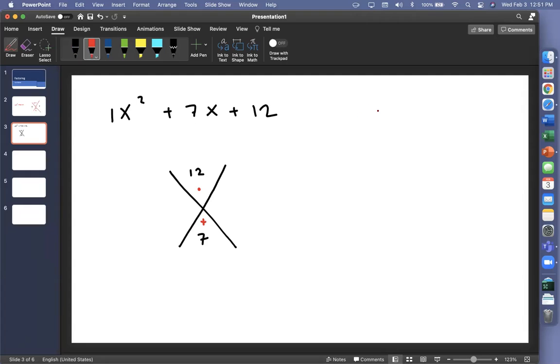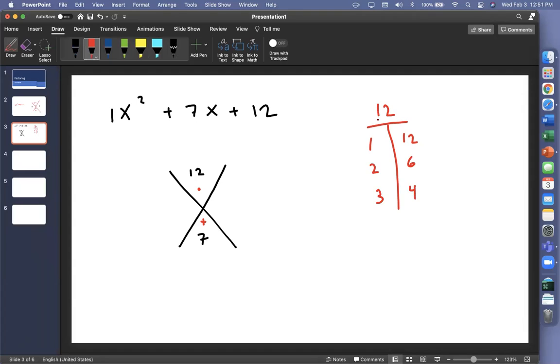So one way we can do this is we're going to write down all the factors of 12. So 1 and 12, we have a 2 and 6, and we have a 3 and 4.